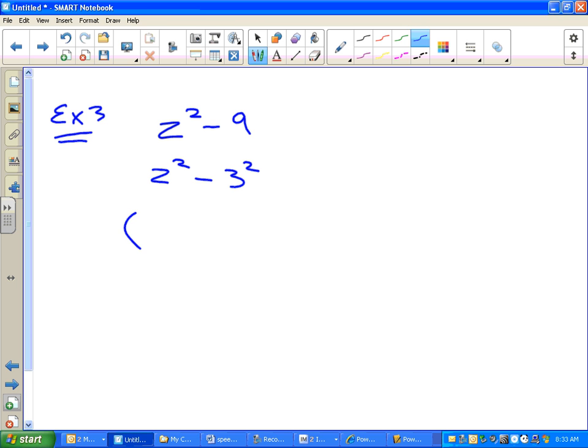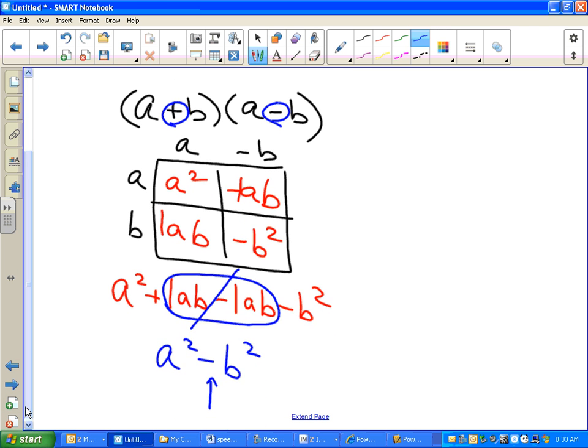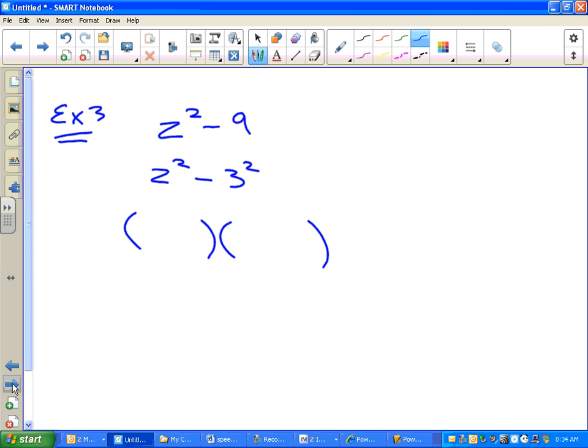I can create my binomials from this. So how is this similar to this? Well, down here I said that a squared minus b squared was the answer to that setup, this binomial. And so the a's would go in their spot, and the b's would go in their spot, and one would be positive and one would be negative, or one's plus and one's minus.